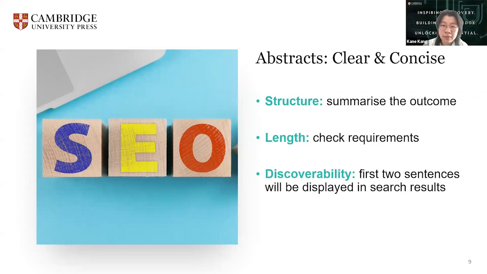So when you're writing, pay more attention to the first two sentences. Make sure they show your core idea, show readers what your manuscript is about, and won't mislead them. So that's about the abstract.